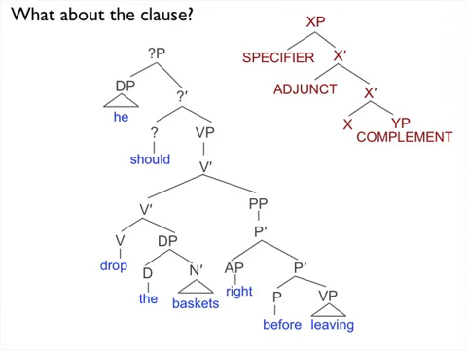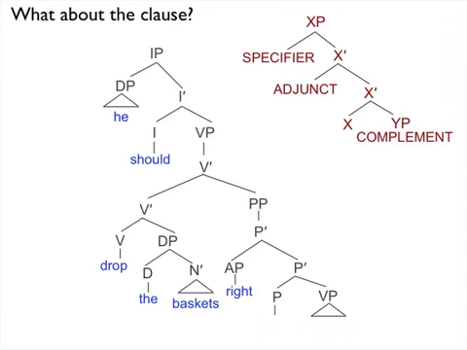Complements, on the other hand, have to be semantic arguments of the thing that they're complements of. So specifiers are more versatile. They can be semantic arguments of the head, but they don't have to be. Complements have to be. There's no other choice. All right, so we have the VP as a semantic argument and complement of should.